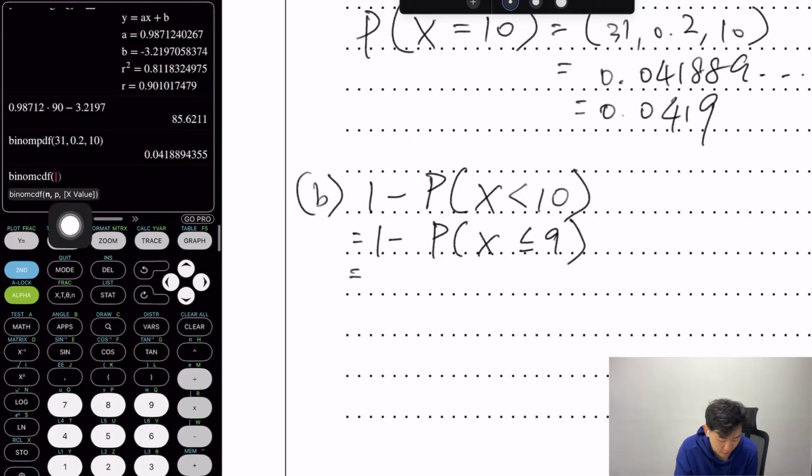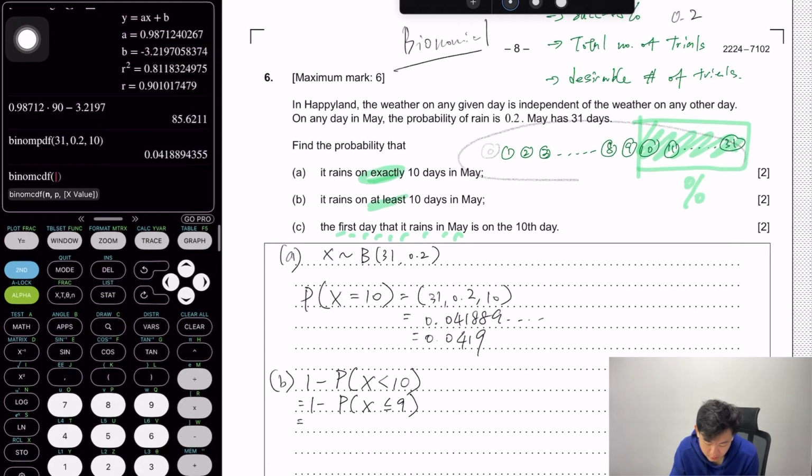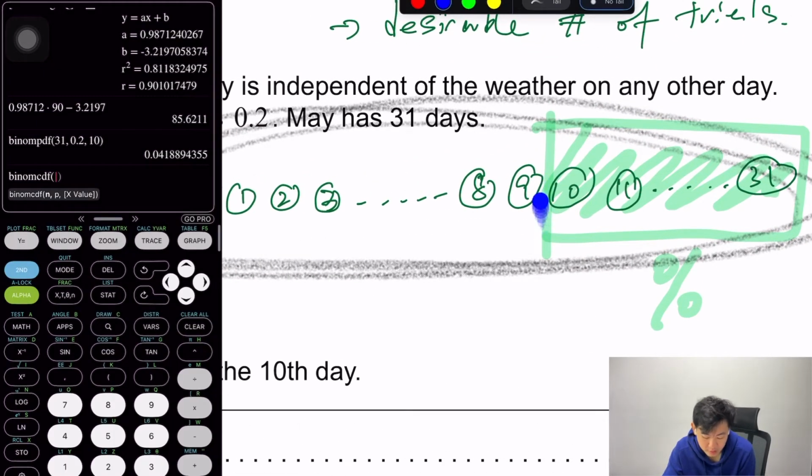You can't input the exact point there. All you can do is calculate the value it covers up to. Up to the 9, you press a 9. So many people got it wrong because you put in a 10 there instead of a 9. And then you have to use 100% to subtract that. Okay. So make sure you can write down something like these. And then you have to figure out, what is the number that I want? What is the number that I want to skip?